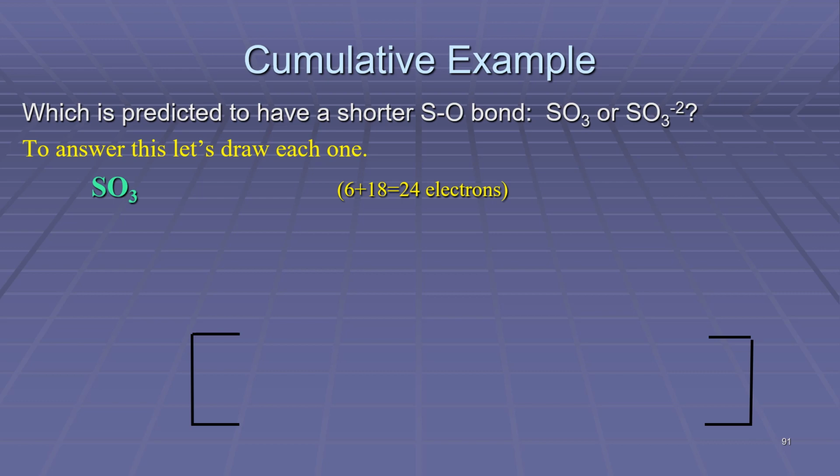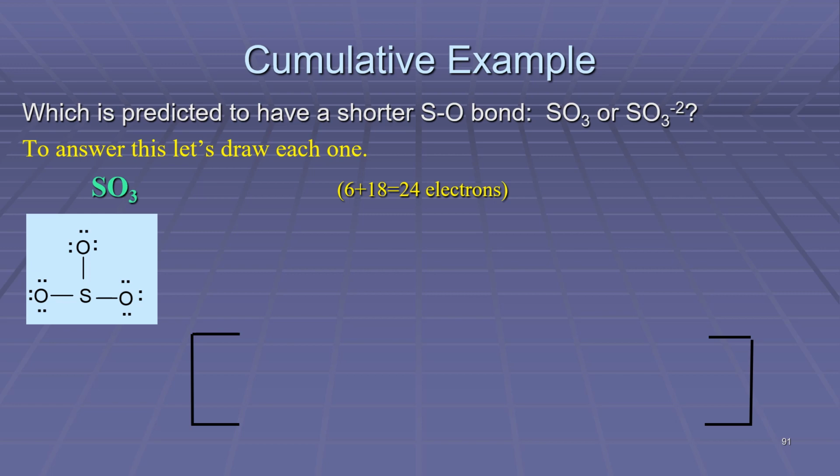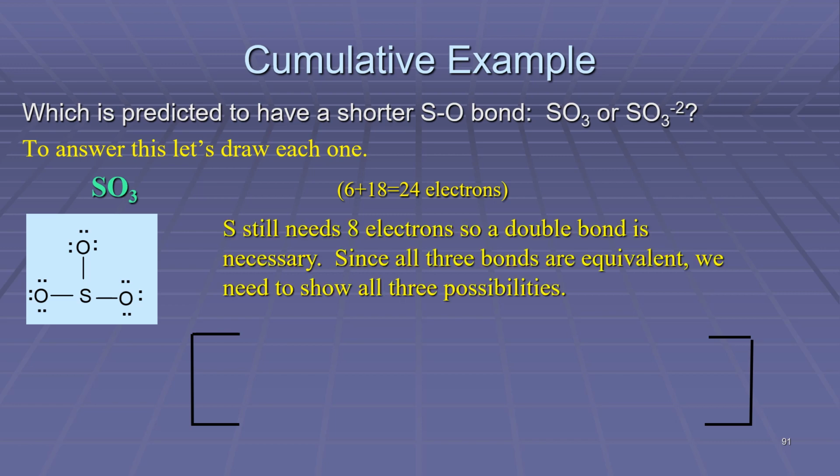There are six valence electrons for sulfur plus another 18, so there are 24 electrons. If we draw the Lewis structure, we use 2, 4, 6, 8, 10, 12, 14, 16, 18, 20, 22, 24. So we've used up all of our electrons, and sulfur in the middle still needs 2 more.